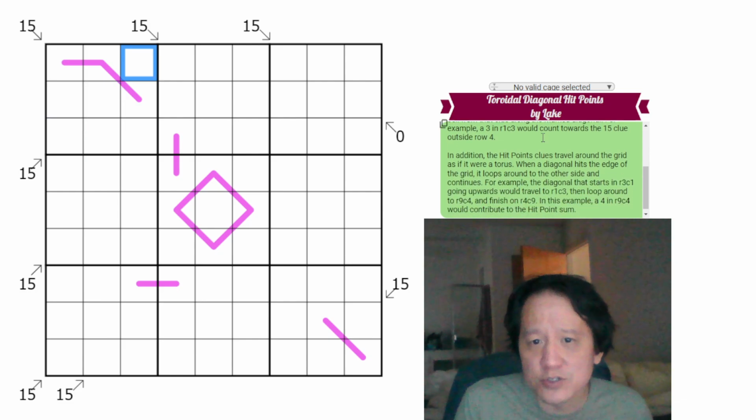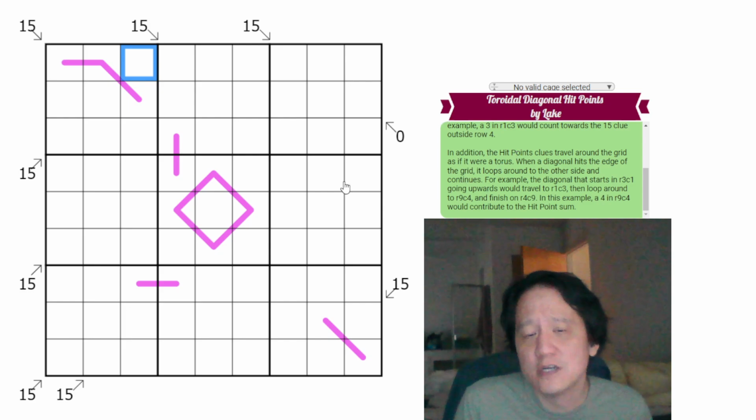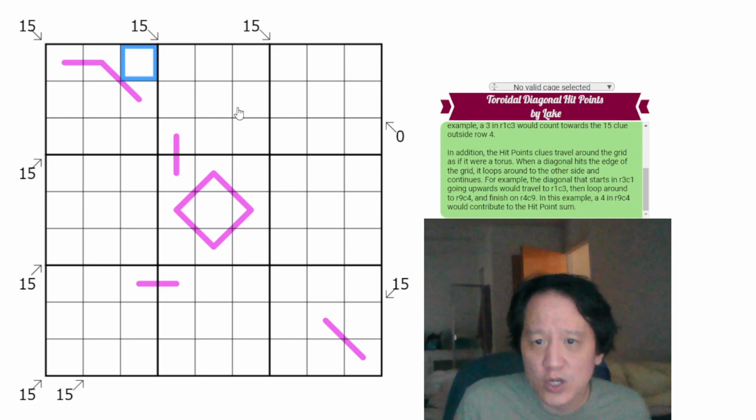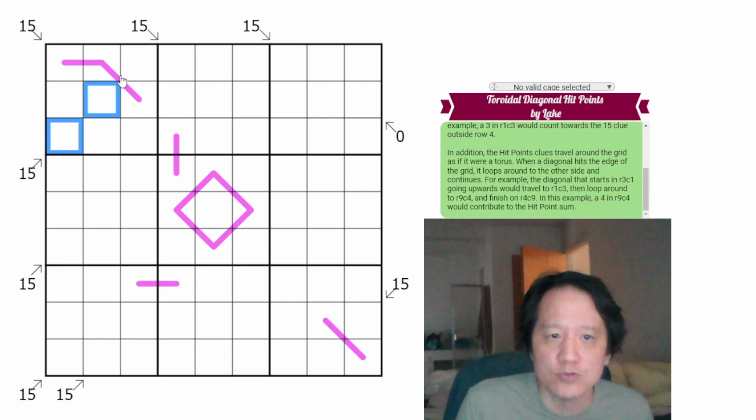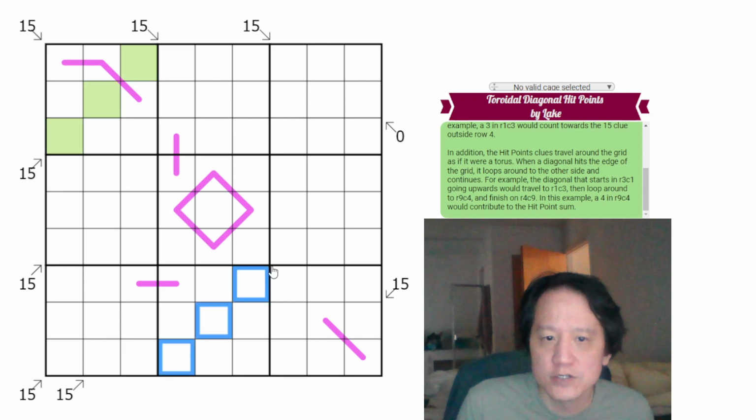Now, here's the interesting part. In addition, the hit points clues travel around the grid as if it were a torus. When a diagonal hits the edge of the grid, it loops around to the other side and continues. For example, the diagonal that starts in row 3, column 1, going upwards would travel to row 1, column 3, then loop around to row 9, column 4, and finish on row 4, column 9.